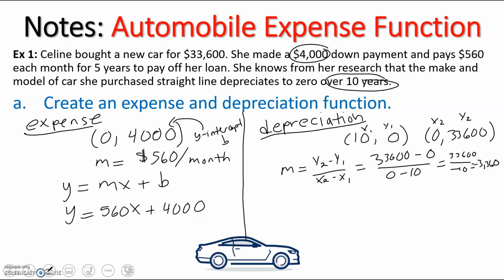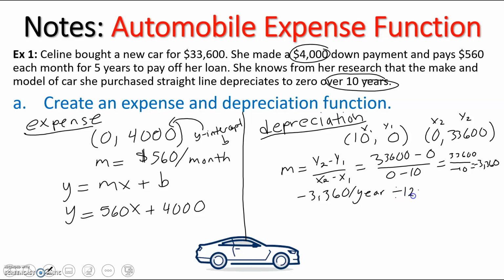$3,360 per year. Now, we want to be careful here because we have our depreciation equation written in terms of years, but we have our expense function where x is in terms of months. So we're going to take this negative $3,360 per year and convert it so that it's in the same unit of measurement as the expense function.